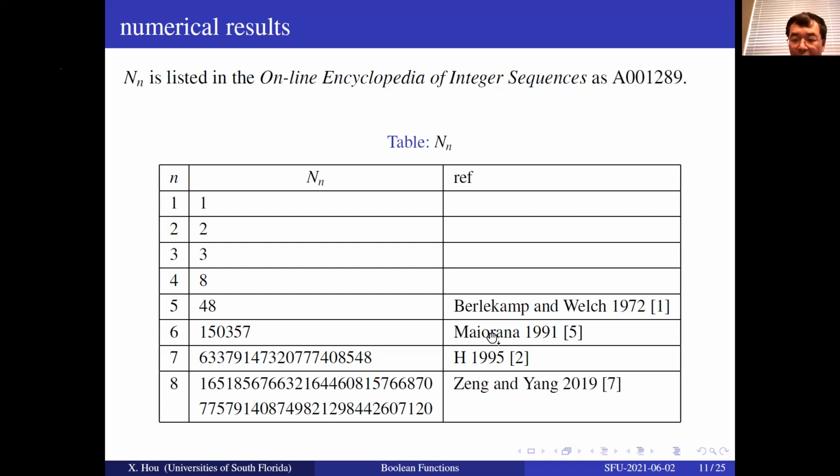Then many years later, in 1991, Maiorana computed N6. It's this number. And I think many years ago, when I was still very much interested in the Reed-Muller code, I computed N7.